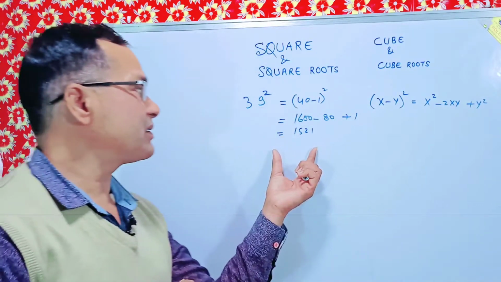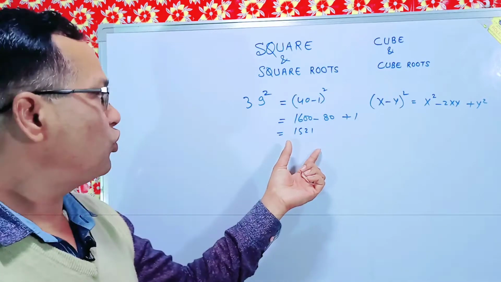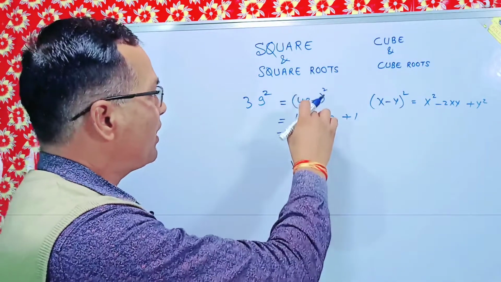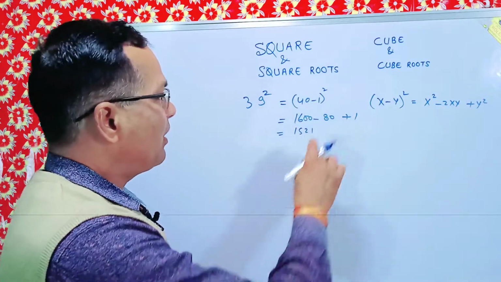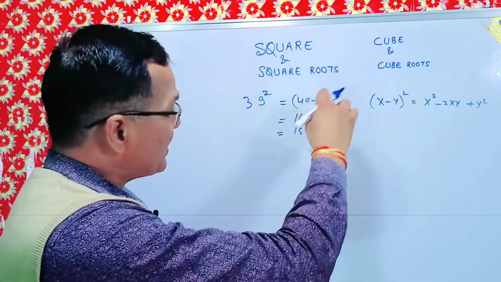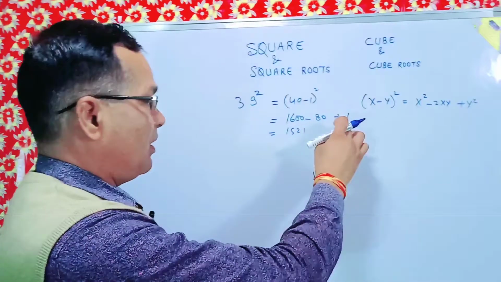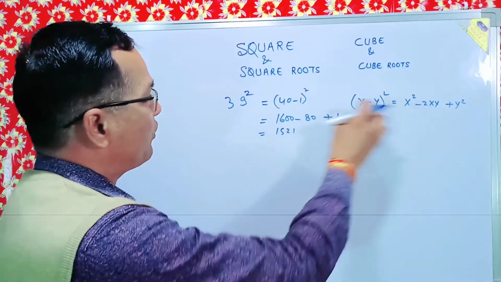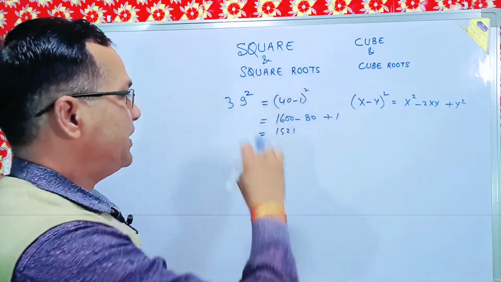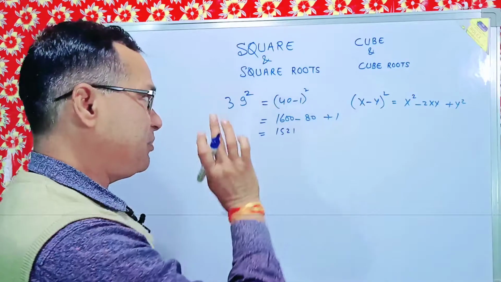It is giving us 1521 because 40 multiplied by 40, 4 4s are 16 and two 0s, 1600. Plus 1, minus twice of both these numbers, so 4 2s are 8, and minus 80 it becomes.